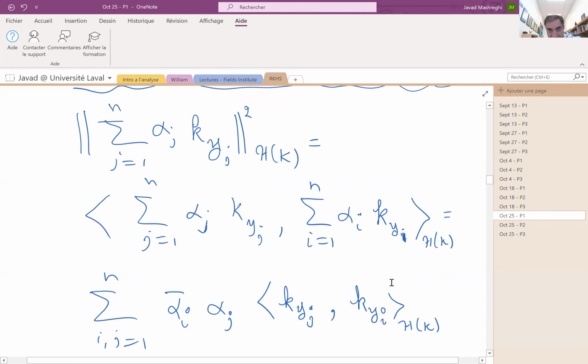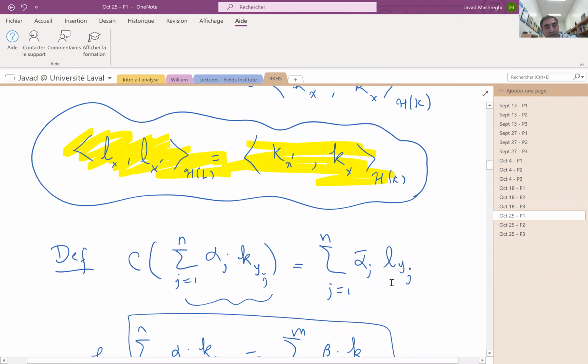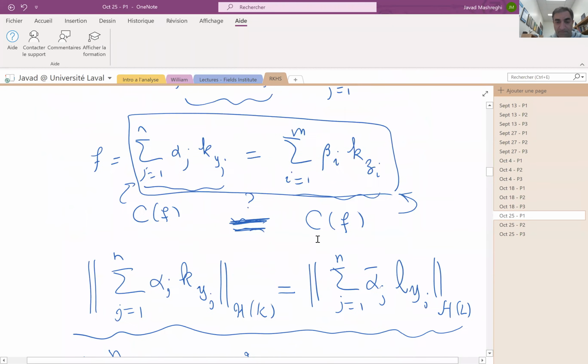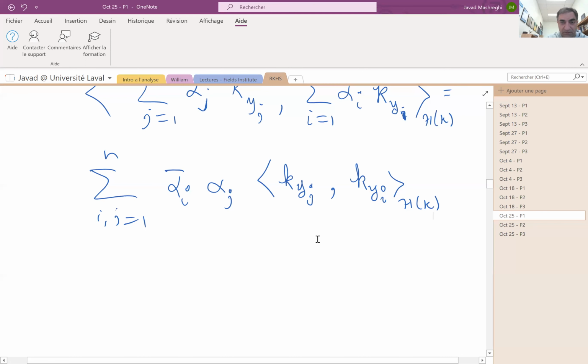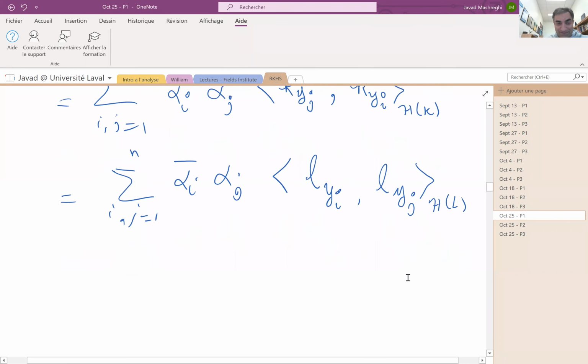which we know is equal to the inner product of the corresponding function in L, but with the order reversed. So this is equal to, I can put identity here, indeed, it's better to put it there. Alpha i bar, alpha j, L yi, L yj in H of L. And I do the same operation in reverse order, meaning that I put the coefficients inside and sum.